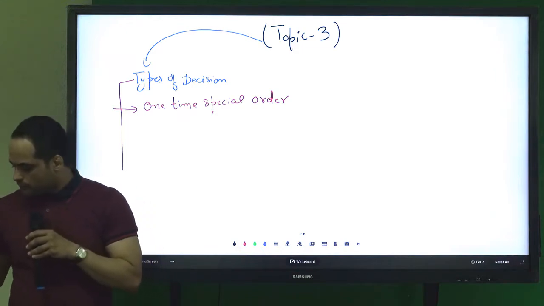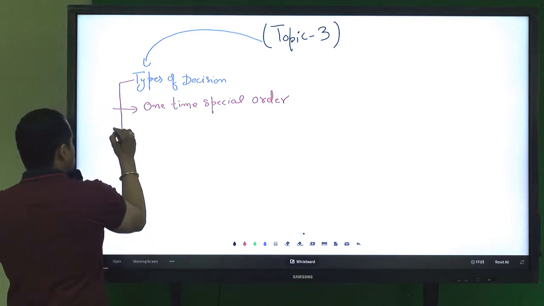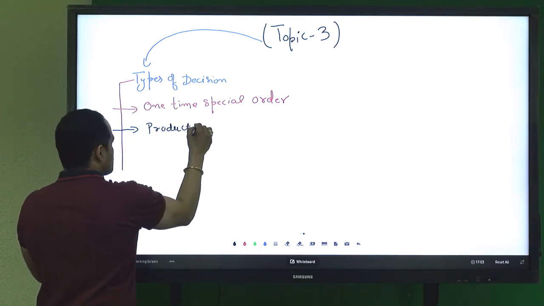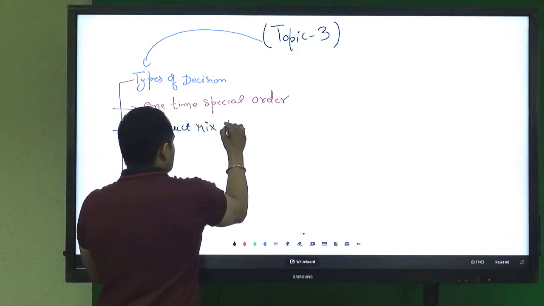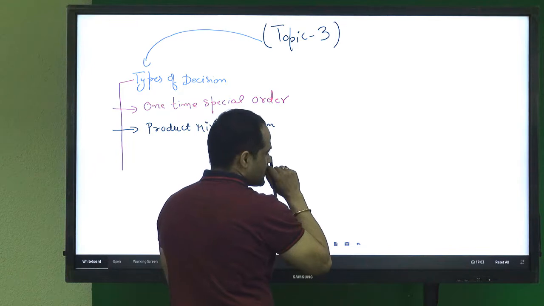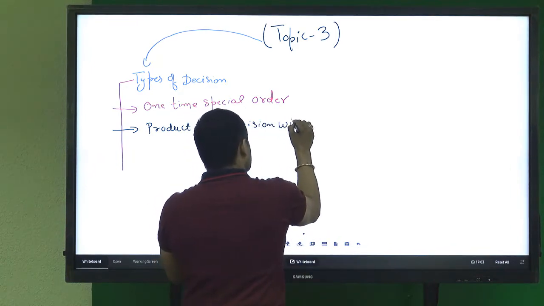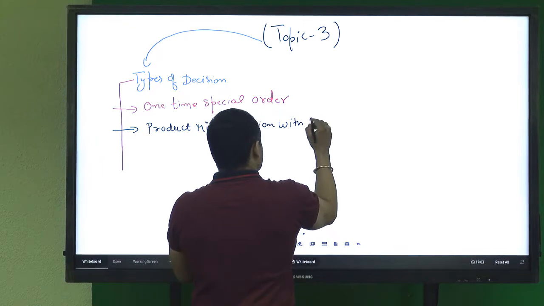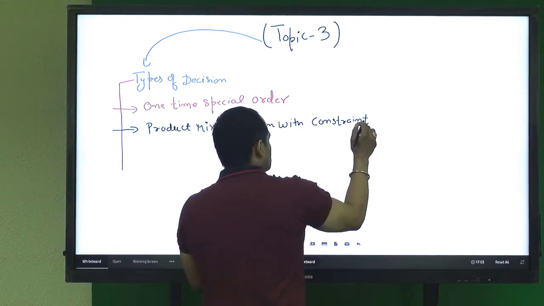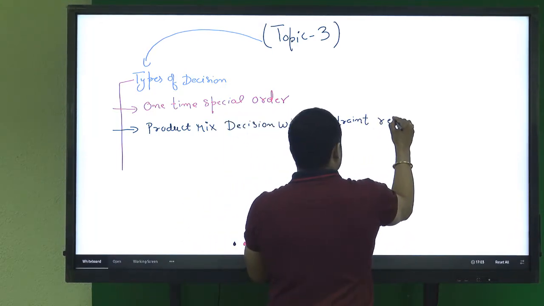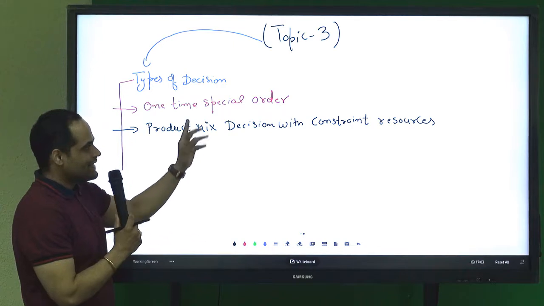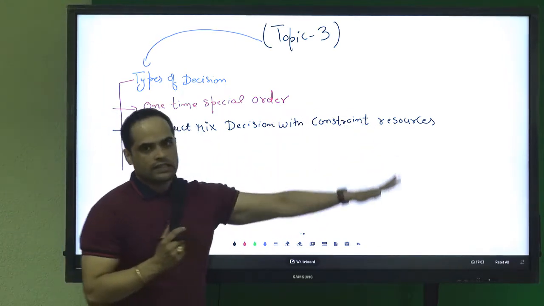Next is decision with constraint resources.